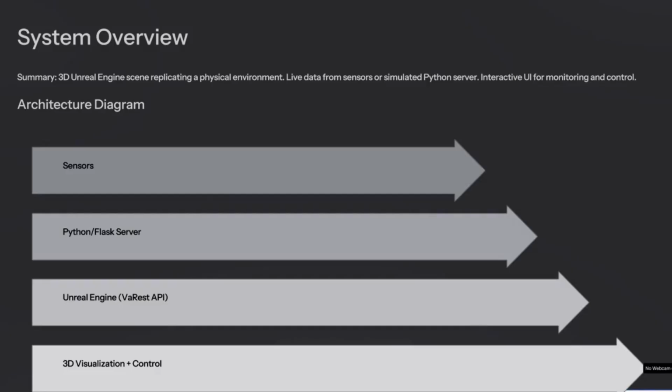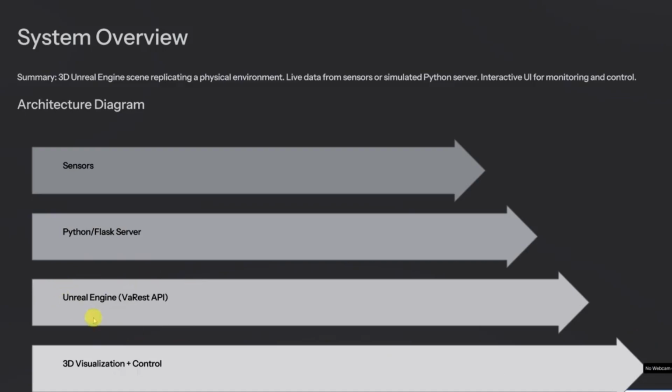So this is the system overview and architecture diagram. We have the sensors, then we are going to use a Python server, Unreal Engine, and the 3D visualization and control inside it. So we need to install Python and Flask.